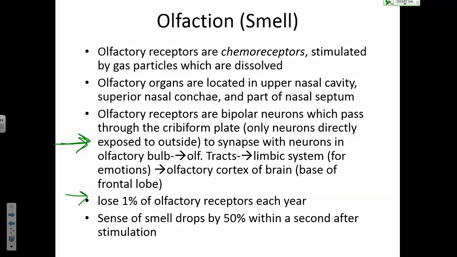Without that feature, we would lose a lot more. So you basically lose a lot of your sense of smell every year. This last statement, the sense of smell drops by 50% within a second. That means it's highly adaptive. Your sense of smell is very highly adaptive. But you tend to lose your sense of smell as you get older and older.